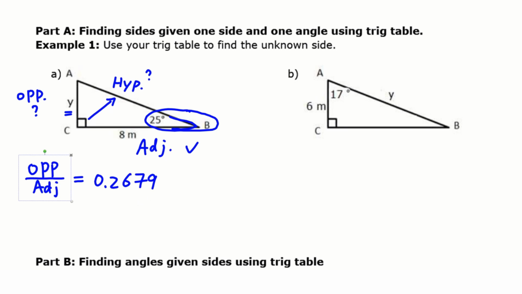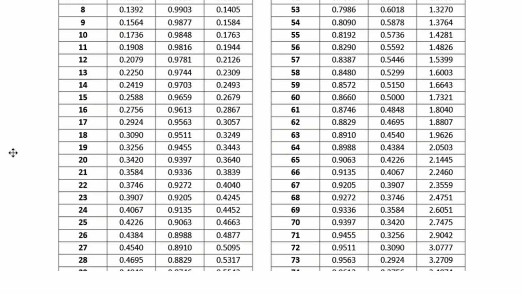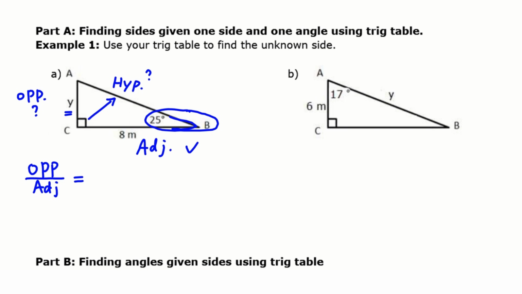Then we are looking for the opposite over adjacent ratio, and that is our last column in the trig table. So we look for 25 degrees. For 25 degrees, the last column is 0.4663. So we copy this one here. The 25 degrees opposite over adjacent is 0.4663.